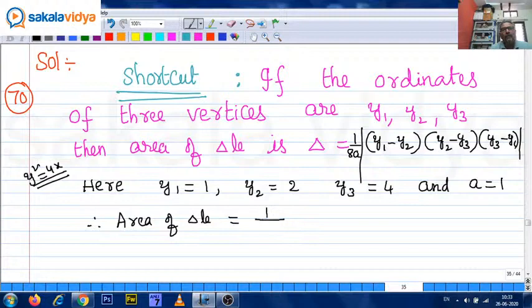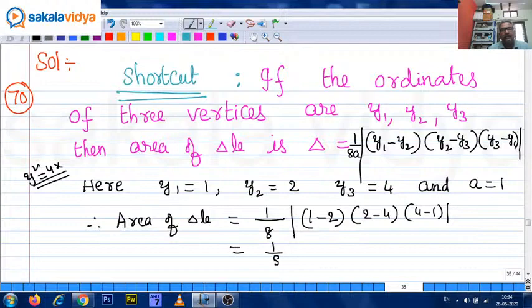Equal to 1 upon 8a, modulus of (y1 minus y2), that is (1 minus 2), (2 minus 4) and (4 minus 1).